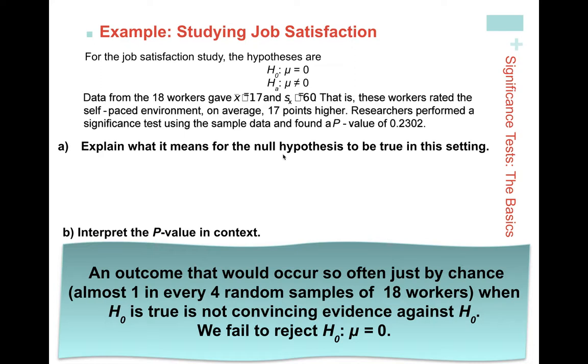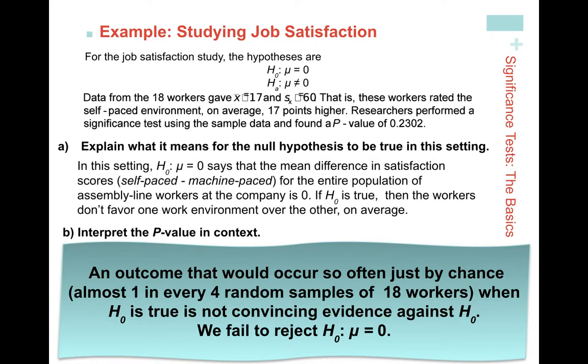So what would it mean if the null hypothesis was actually true, if mu equals 0? Well, in this setting, what that means is that there's no difference. People don't care about self-paced minus machine-paced. There's no big difference in this parameter, right?